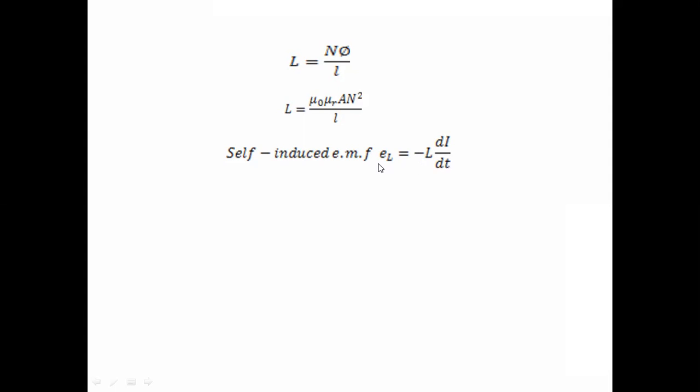Sometimes in generators this type of voltage is called the back EMF. And the energy stored in an inductor is equal to half L I squared, where L is the inductance and I is the current.